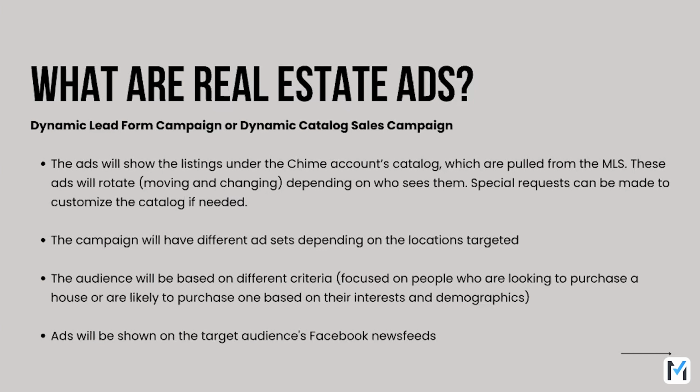The audience will be based on different criteria, so people looking to purchase a house are likely based on some targeting interests. They also show on the target audience's Facebook news feeds, so you're able to follow up right off the bat. I showed you a couple of examples earlier, but that's a little bit more specific.